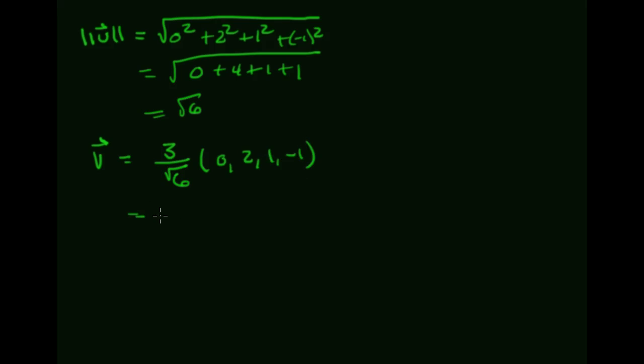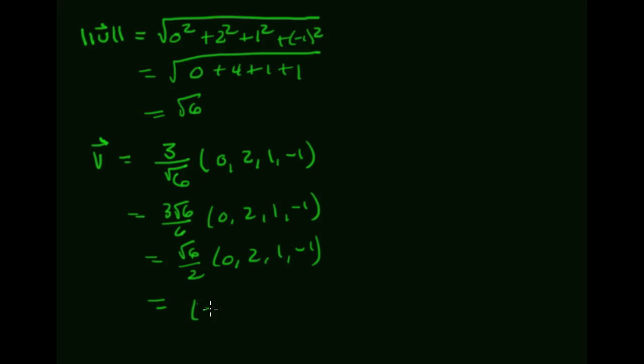I did the work out front this time. This is going to give me 3 root 6 over 6 when I start rationalizing, which is root 6 over 2. And then once I do the scalar multiplication, I'm going to get 0, root 6 over 2, and negative root 6 over 2. So that's problem number 2.